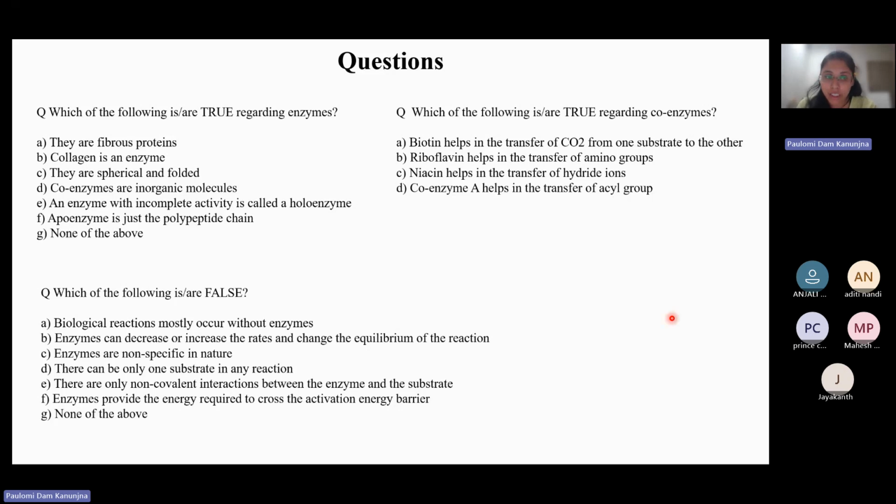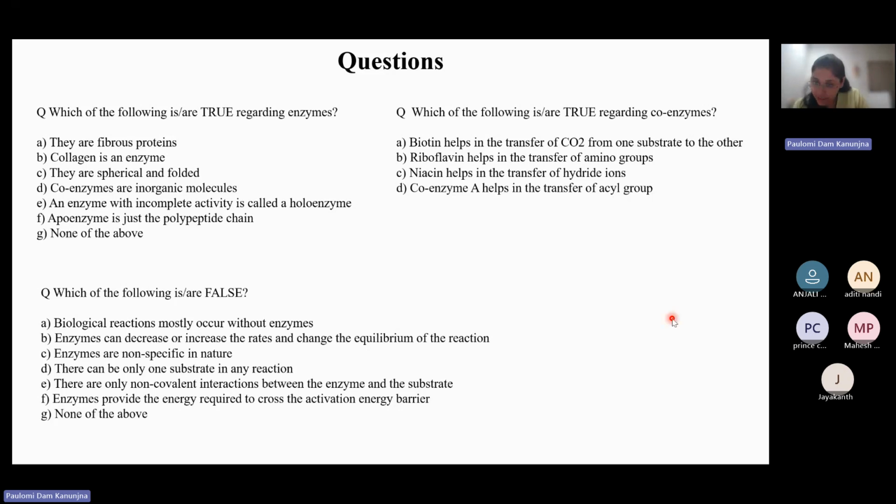They're spherical and folded. Coenzymes are inorganic molecules. Remember the terms clearly. Enzyme with incomplete activity is called holoenzyme. Apoenzyme is just the polypeptide chain. The second question is about coenzymes, the different kinds of coenzymes and their activity, so you can see which of these are true. And the third one says, which of the following statements are false?